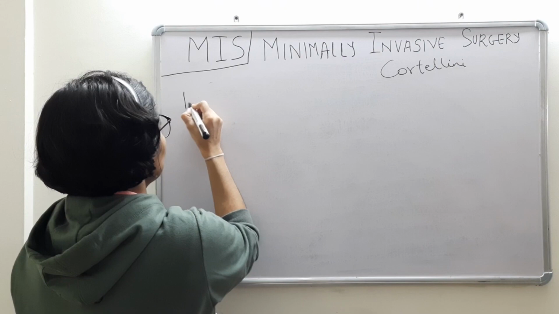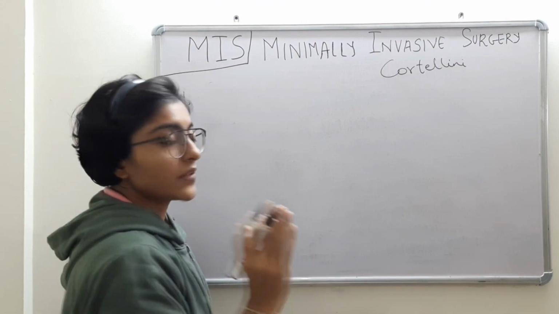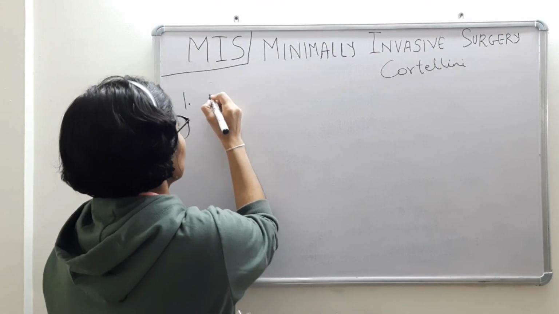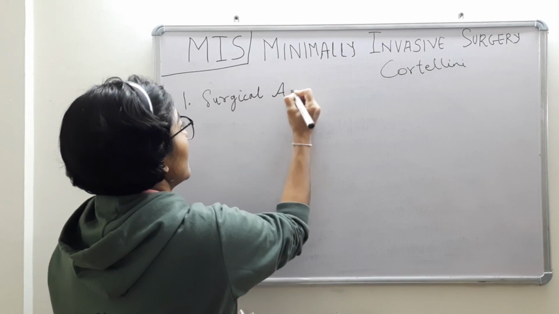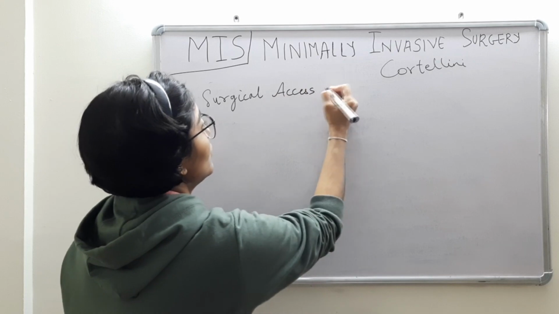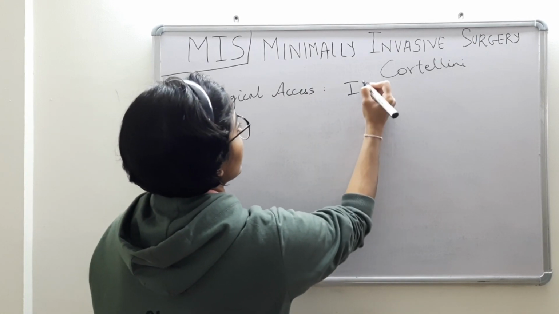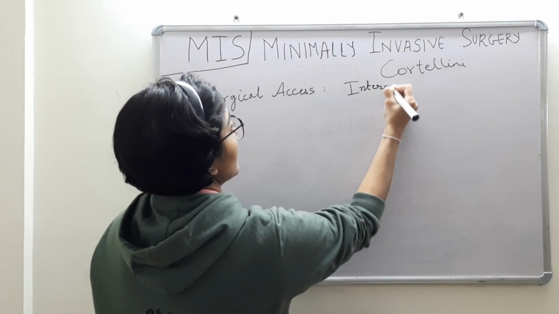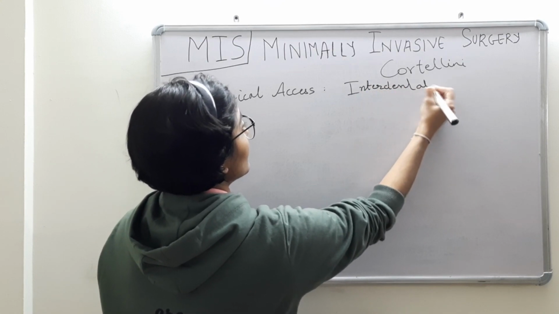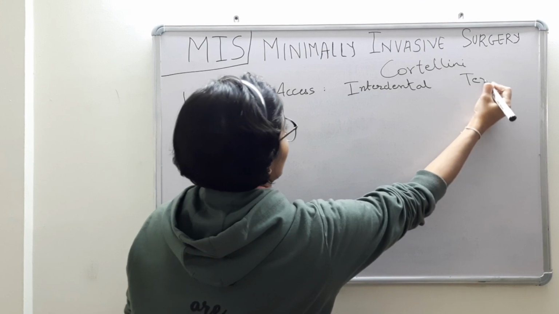So the first point to be considered is regarding the surgical access. When it comes to surgical access, there are two things to consider, that is the interdental space width, clear, interdental, and the second factor is whether it is a terminal tooth or not.